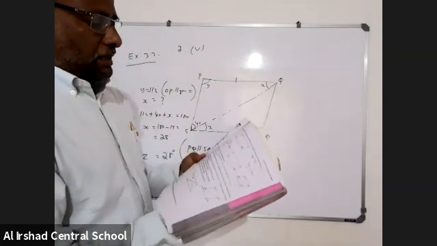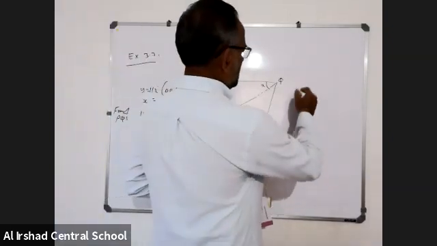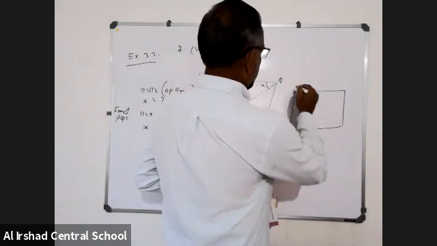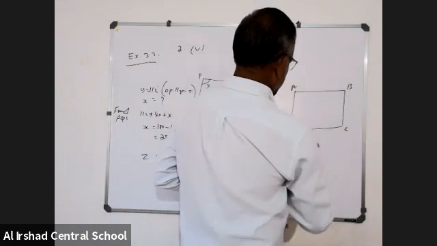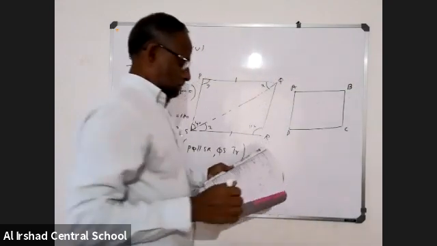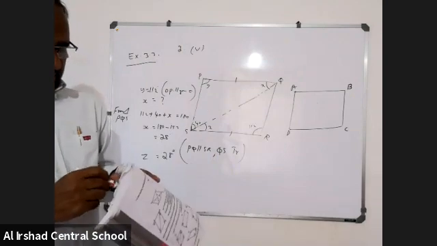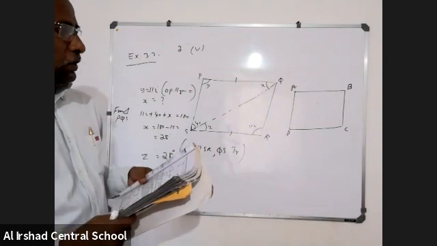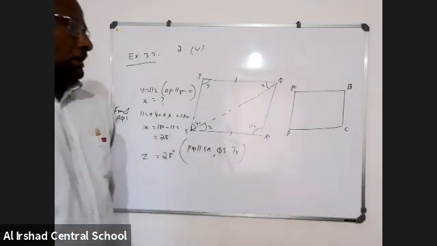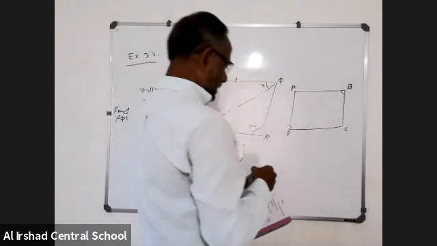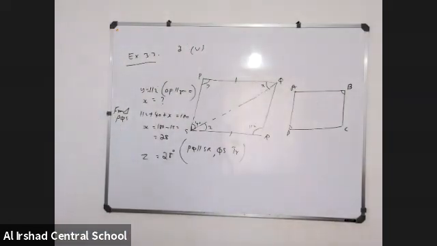Suppose it's a quadrilateral A, B, C, D. First condition: angle D plus angle B is equal to 180 degree. Can it be? Tell me.